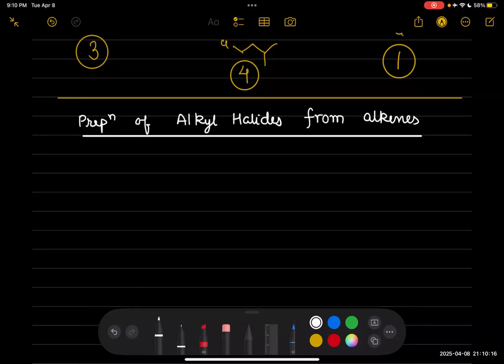How from alkenes? By carrying out addition of HX.